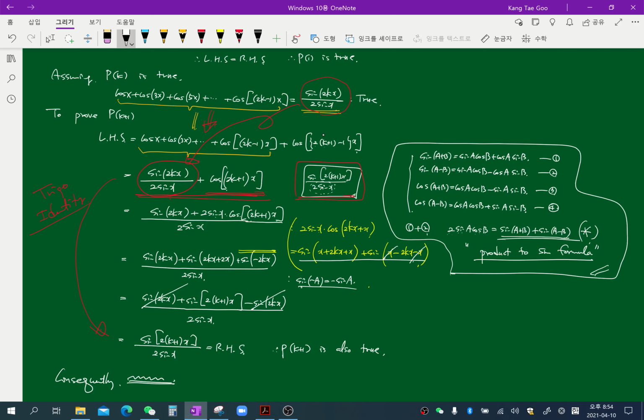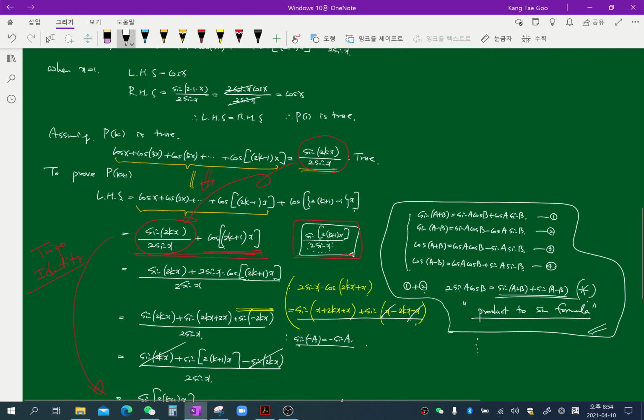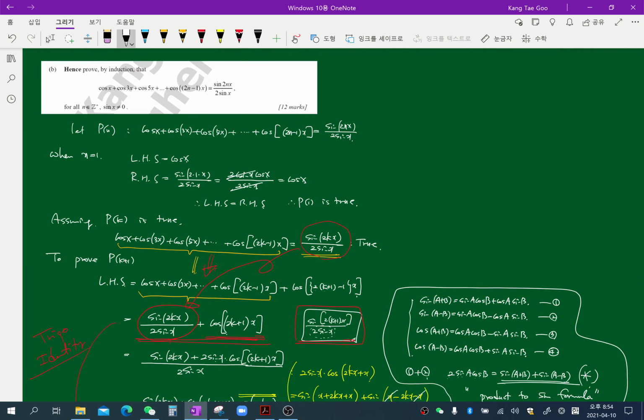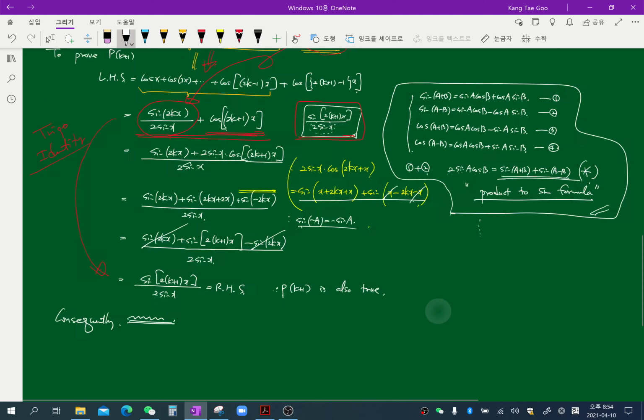You'd better write all the rest of the three identities by adding or subtracting cosine with cosine and sine with sine. Yeah, you can derive three other identities. Anyway, this is the way. This is a typical example of a trigo identity question. See, this is 12 marks already.